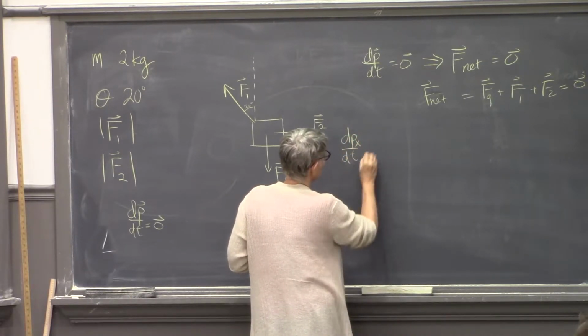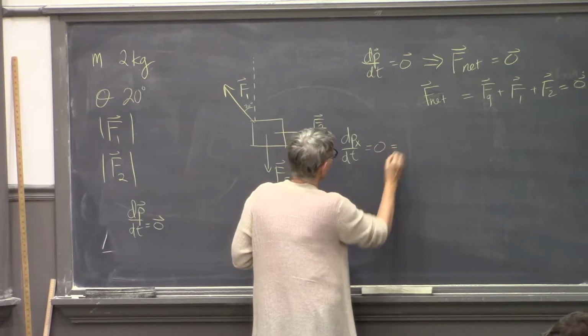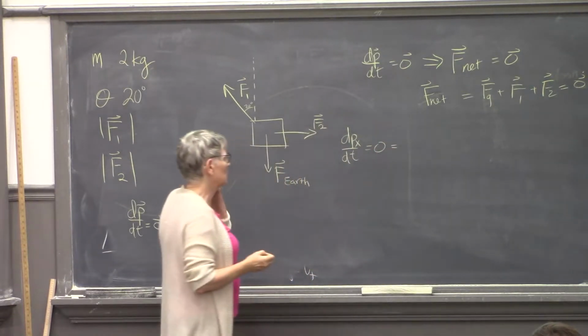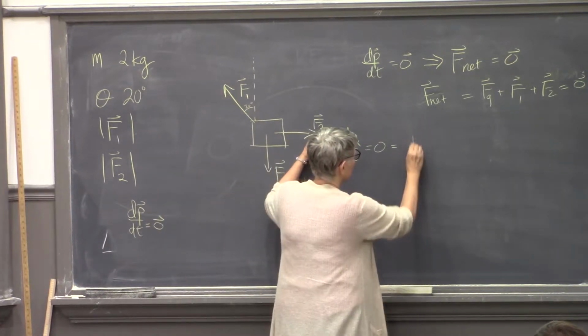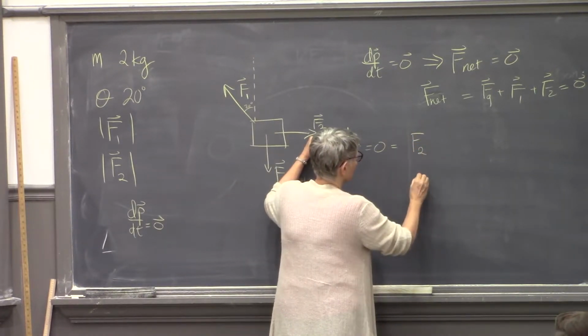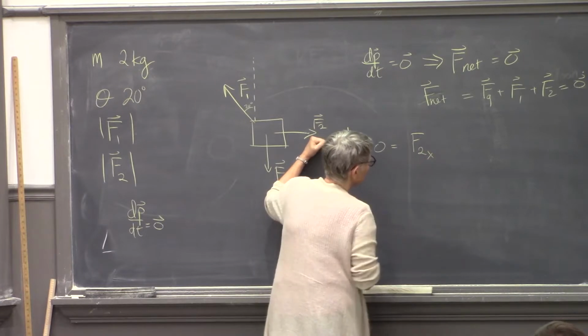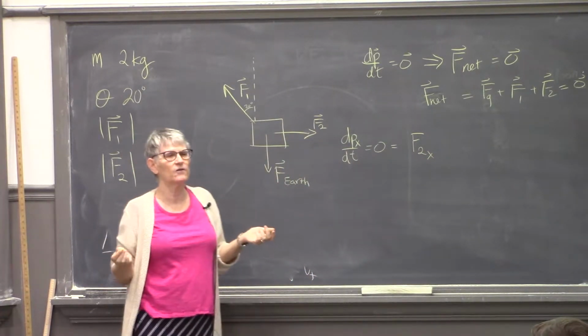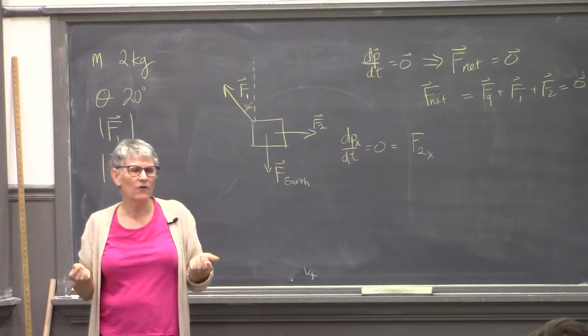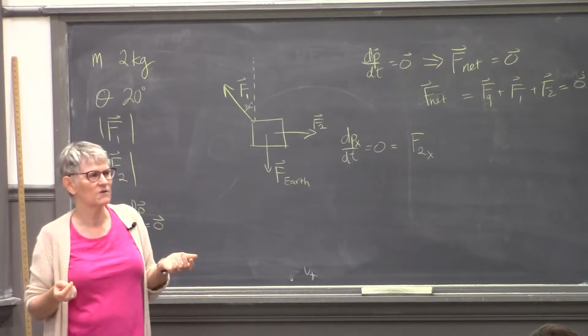So dpx/dt is 0, and that's equal to what? Well, it's the x component of F2, which is, now we have to be careful about signs. Oh, that's another thing you did on the test, some of you.